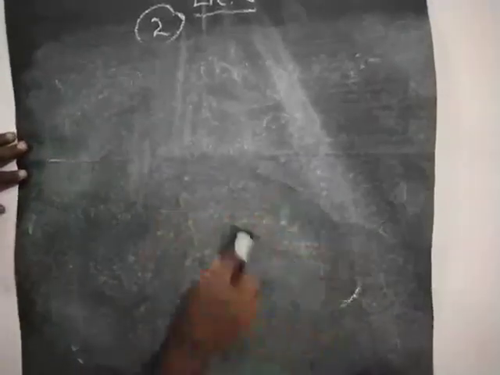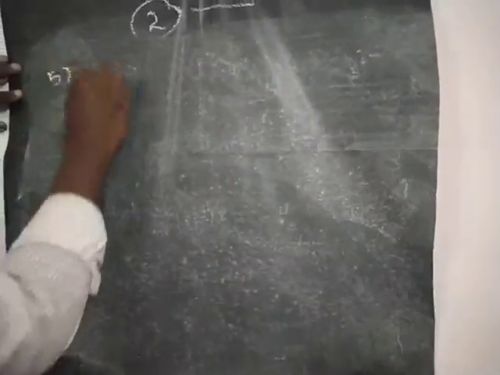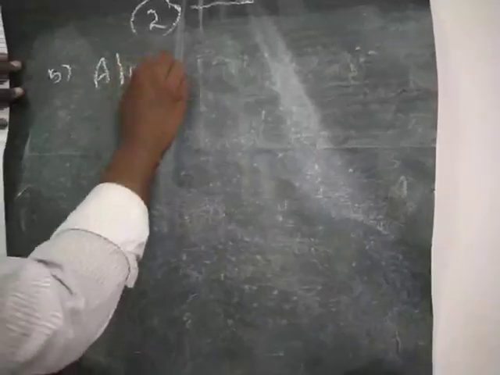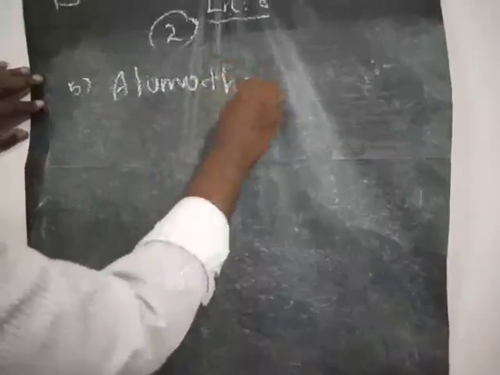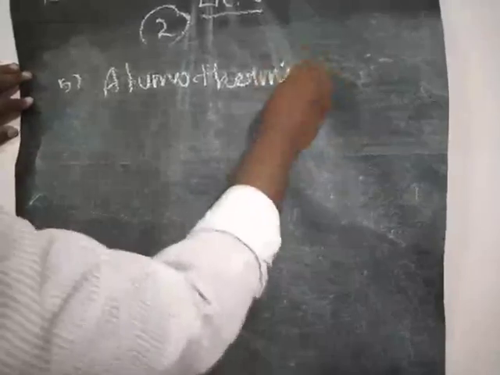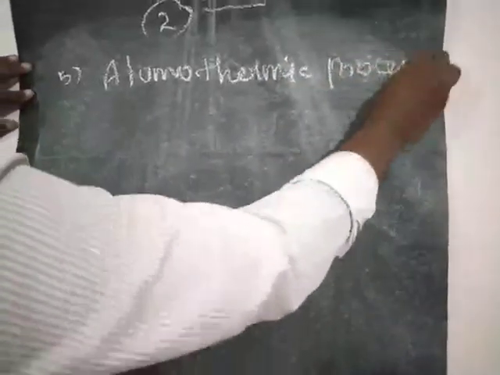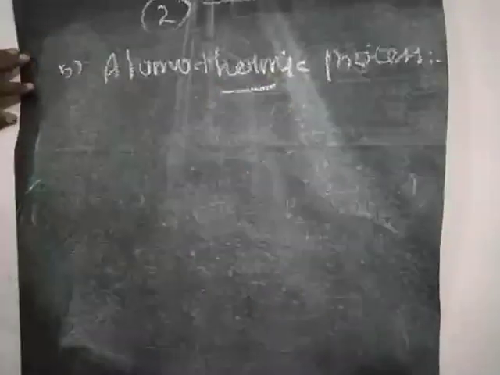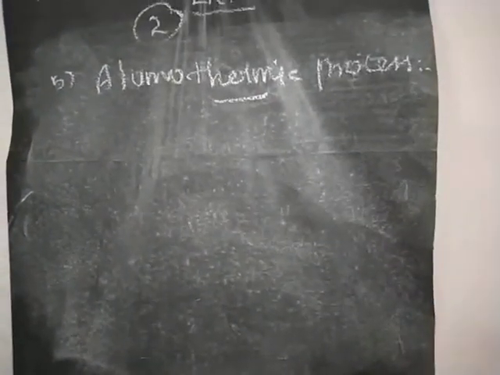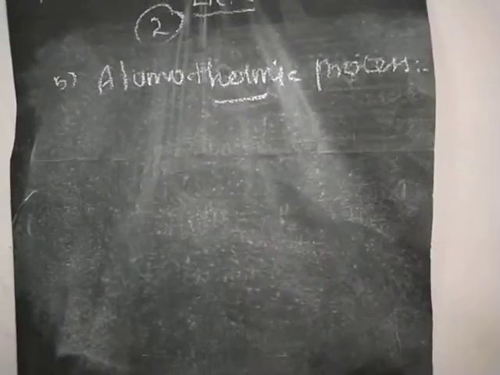Last of the chemical properties, the aluminothermic process. So what is meant by the aluminothermic process? Aluminium is the best example of a powerful reducing agent.